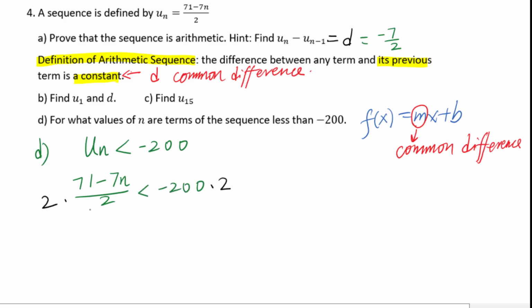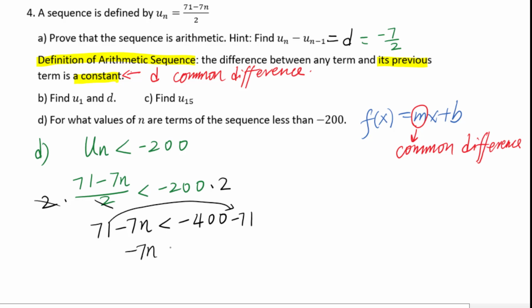We multiply by 2 on both sides, then reduce: 71 minus 7n less than negative 400. Then minus 71 on both sides: negative 7n less than negative 471. Then we divide by negative 7.